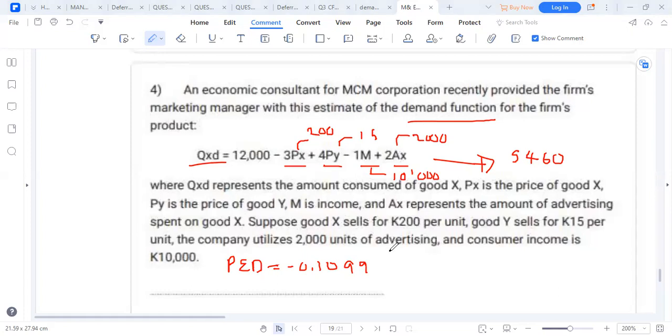I think you might have made some mistakes in computations. Someone got something, you're not giving us what you got. Then the cross price elasticity of demand. Me, I got 0.010.